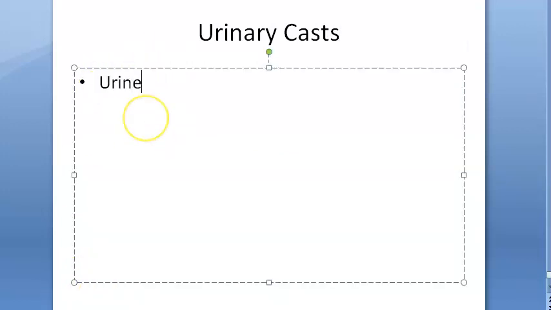See, deposits in urine can be cells, casts, crystals. All these three can be there. In cells, you can have RBC, WBC, some epithelial cells, etc. Sperms also can be there in urine. Now, coming to casts, you will have hyaline casts, granular casts, fatty casts, waxy casts, broad casts.